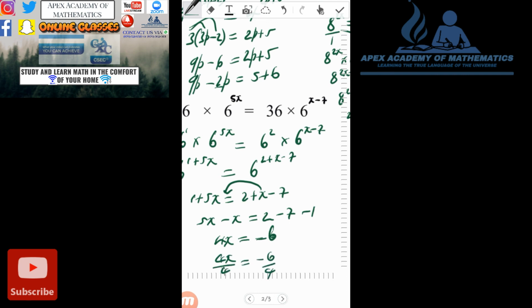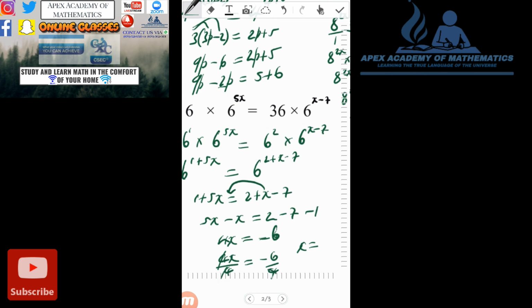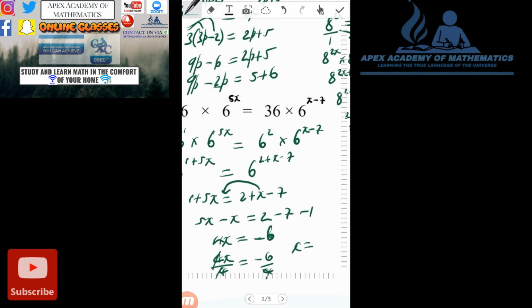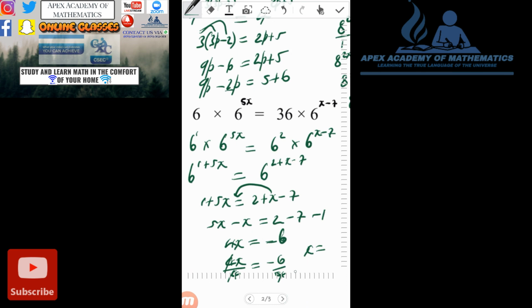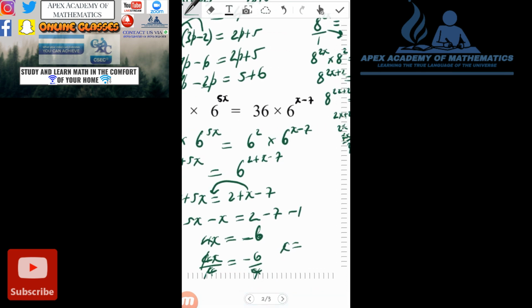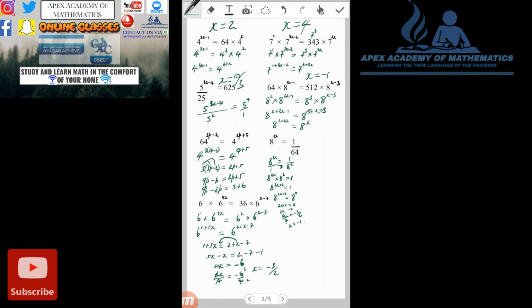That cancels out, so x is equal to, we can reduce this. We could have minus 6 over 4, but it's easier to have minus 3 over 2, because that's the simplification. So 2 into 4 goes 2 times, and 2 into 6 goes 3. So our final answer here is minus 3 over 2.